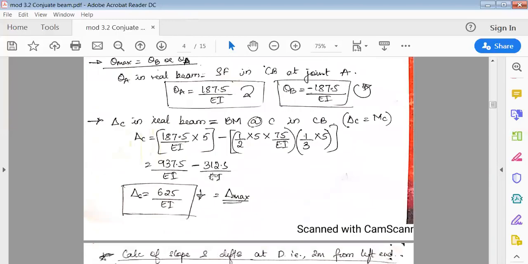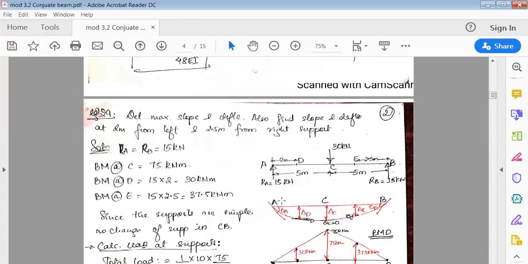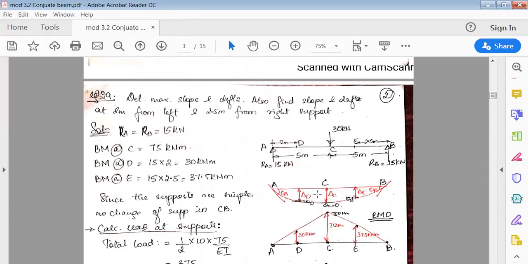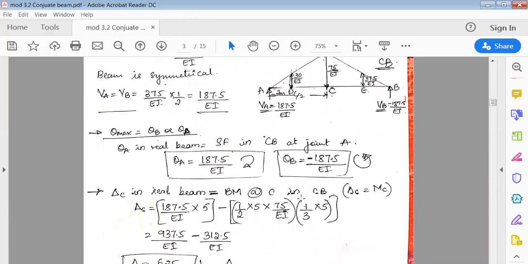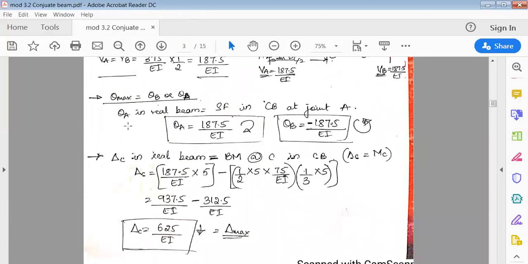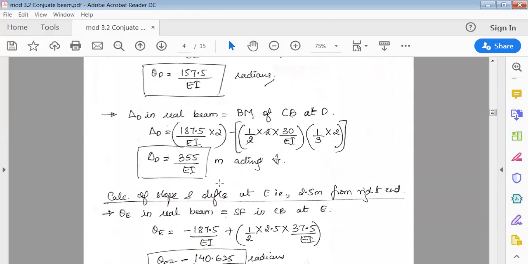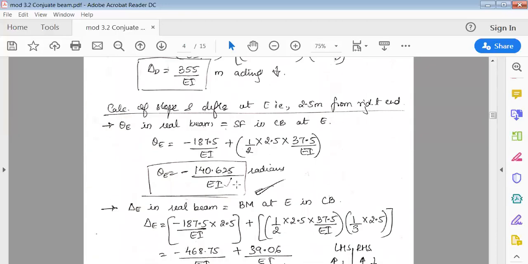Now we can notice here, theta A and theta B are maximum. Theta A is positive, theta B is negative. It is just the opposite. Likewise, theta D is positive, whereas theta E is negative.